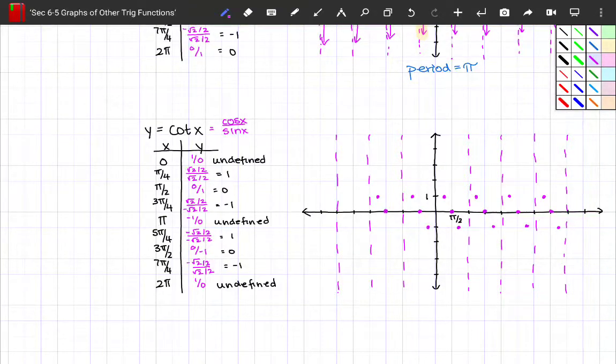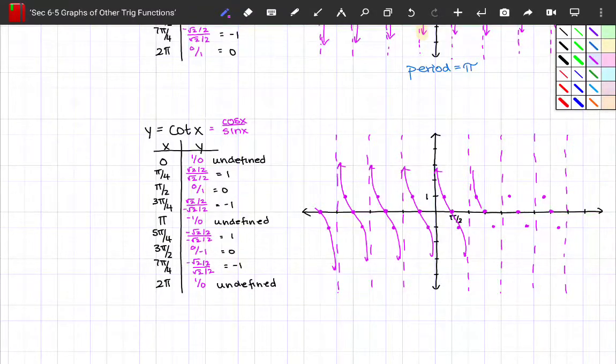So I'm going to plot these points here, and then we'll put our curve. So this time it's the same kind of shape as tangent, but tangent was increasing. All of these branches are decreasing.